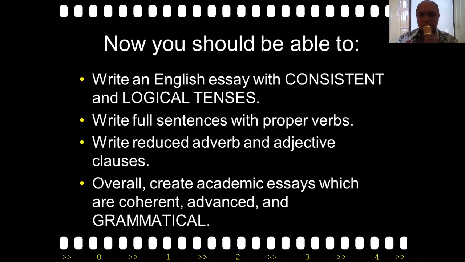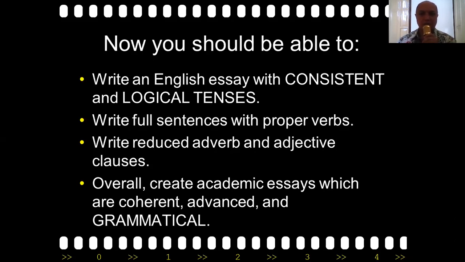So now that you have finished the grammar 2 lesson from me, I hope you should be able to do the following. You should be able to write an English essay with consistent and logical tenses. Consistent means that once you start with a particular tense, then you stick to that. And logical means once you feel the need to change the time reference, then you change the tenses accordingly.